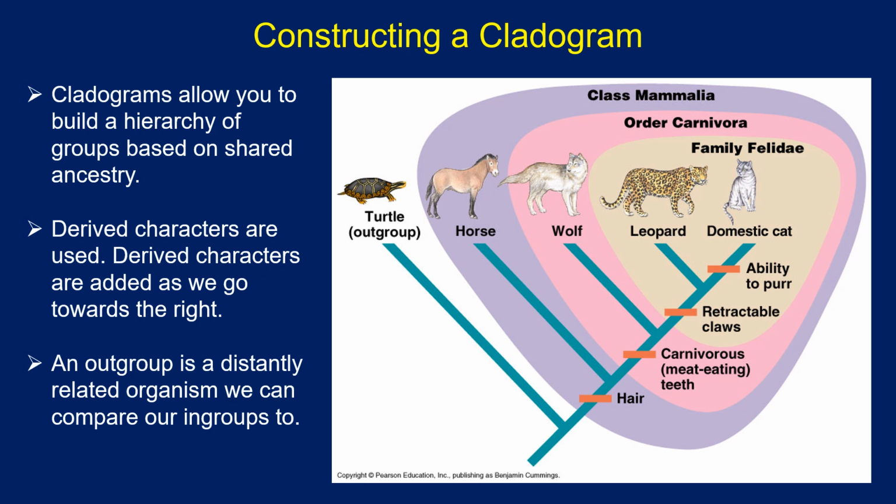And then we see between where the horse comes off and the wolf, we have the development of carnivorous meat-eating teeth. And then between the next two nodes, we have retractable claws. And then the next one's not great. The ability to purr, we're using that to identify domestic cats, although, like I said, it's not great. There are some other cats that could probably purr.